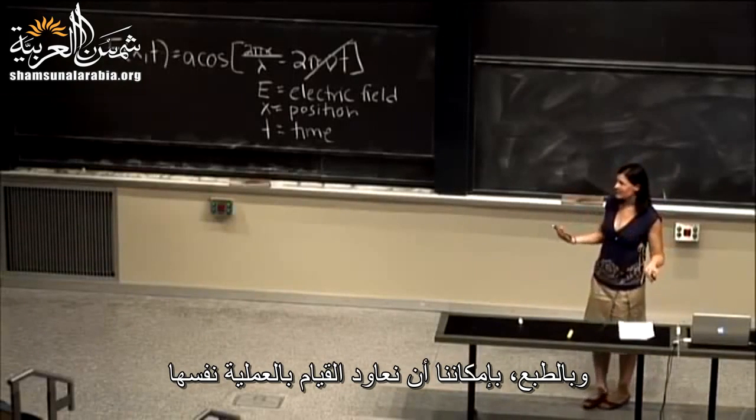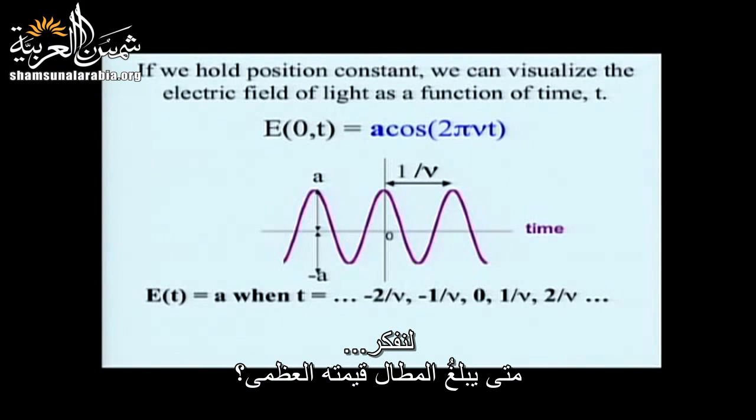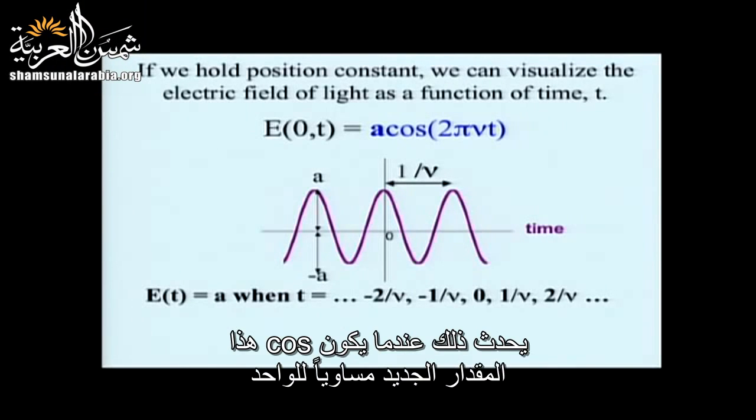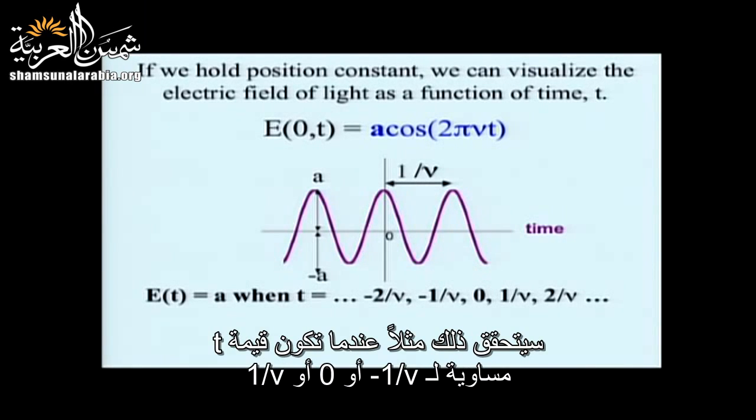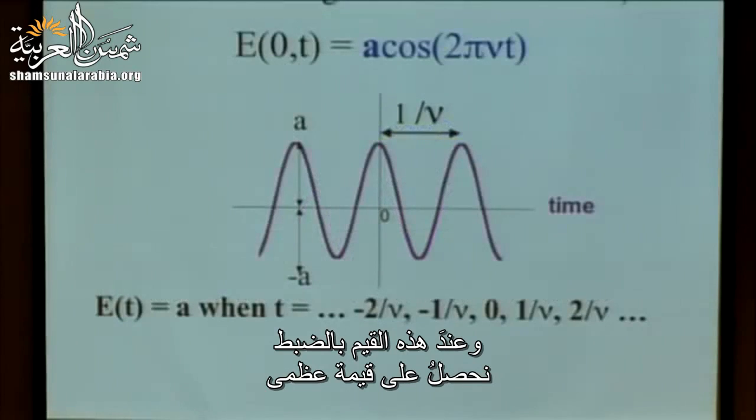And of course, we can do the same thing again. We can think about when the amplitude is going to be at its maximum, and it's going to be any time the cosine of this term is equal to 1. So that will be at, for example, negative 1 over nu, or 0, or 1 over nu. And again, we can just look at our graph to figure that out. That's exactly where we're at a maximum.